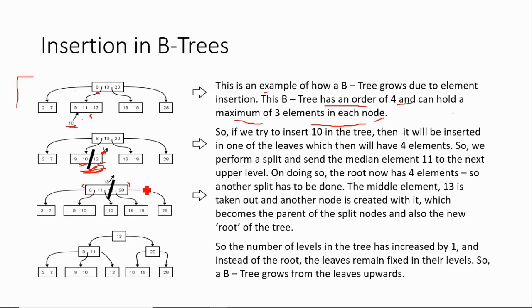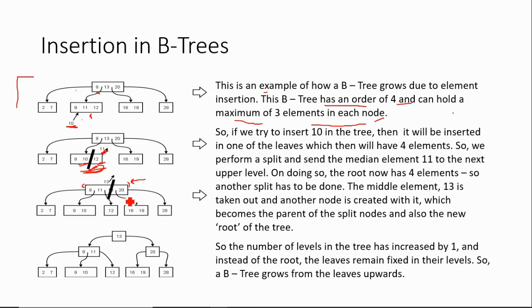Now the root node contains 4 elements, 8, 11, 13 and 20, but this tree is supposed to have a maximum of 3 elements in any node. So here also an overflow occurs. There are 4 elements, so we have to perform a split.